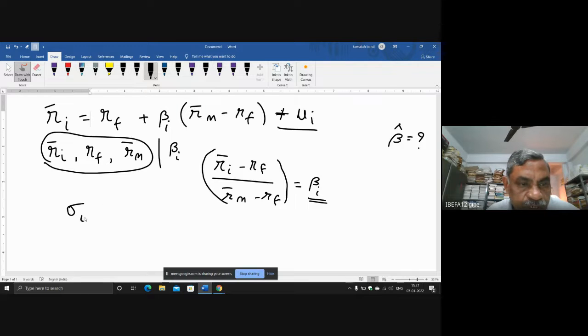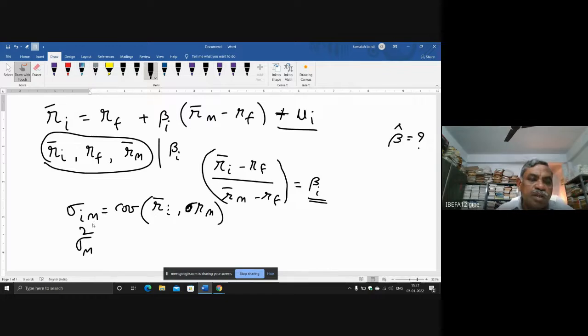You have to calculate first sigma IM, that is the covariance between R I and RM. Okay. And then take the ratio of these two, you get beta I. But this way of computing is deterministic.